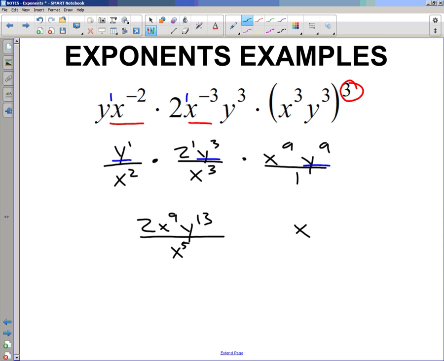That's going to leave us with 4 x's on the top and none left over on the bottom. 2 has nothing to reduce or cancel with, and the y to the 13th has nothing to reduce or cancel with. There's nothing really left on the bottom, so we could put this fraction over 1, or we could just not write it as a fraction at all. At this point, there are no like bases that we can combine. There's nothing to reduce. We've taken care of all the negative exponents, so this is going to be our final answer.